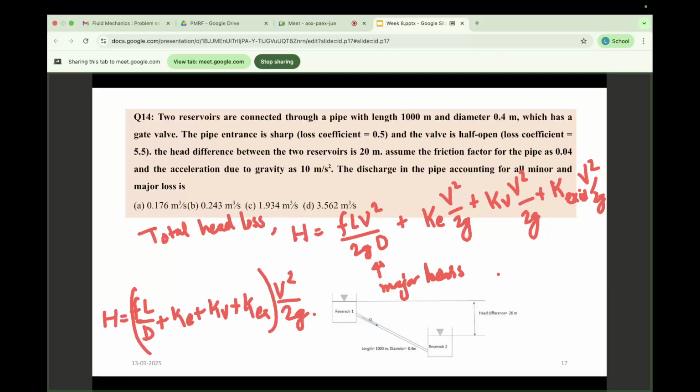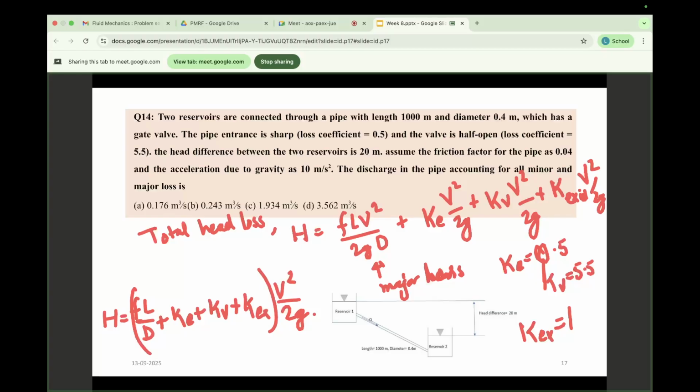So in this question, what is given? This K e is 0.5 and K v is 5.5 given, right? And K exit we already know we always consider it as 1, as we have studied in question 6 or 7.